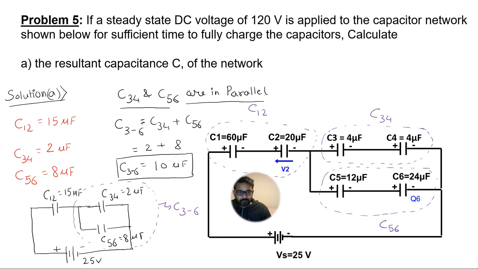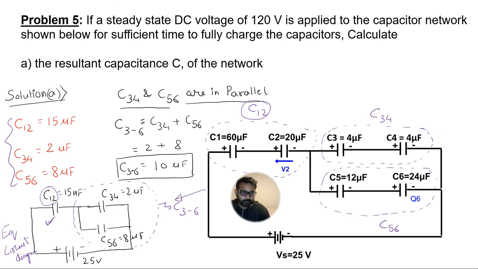So after we have calculated the equivalent capacitances for the series connected capacitor pairs, what I usually do is make a fresh figure or an equivalent circuit diagram, replacing the capacitors. I have already calculated the equivalent value for C1 and C2, so I replace the two capacitors by a single capacitor of its equivalent value.